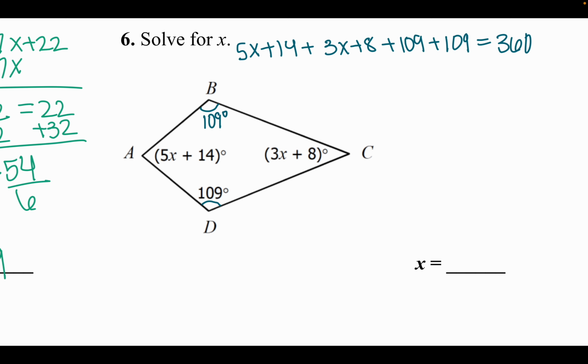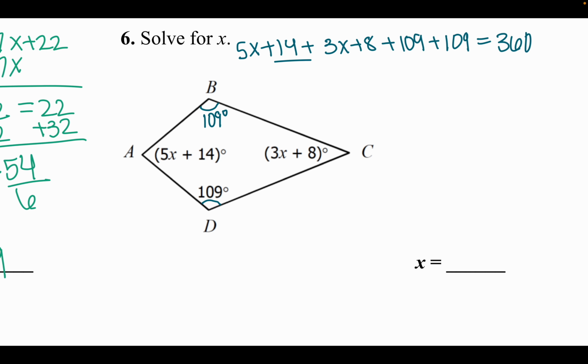We know all of these angles add up to 360, but we can shorten this up a little bit. Let's combine some like terms: 14 and 8 plus 109 plus 109. Add that all together. So we have 8x plus 240 is equal to 360.